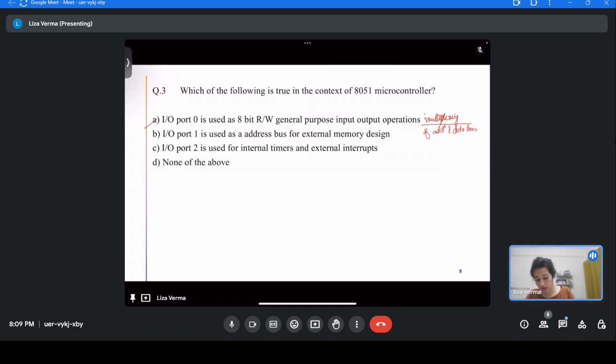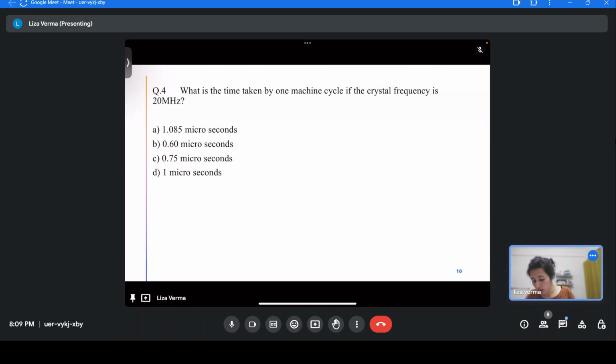Yes. Okay. Next is, what is the time taken by one machine cycle if crystal frequency is 20 megahertz? Can you do a bit of calculations? First of all, if this is the crystal frequency, what will be the internal clock frequency?